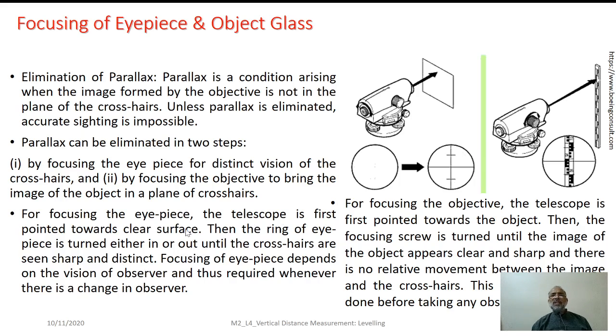In order to focus the eyepiece, usually we look towards some clean surface, or we can hold some white paper in front of the objective, and the focusing of the eyepiece can be done.